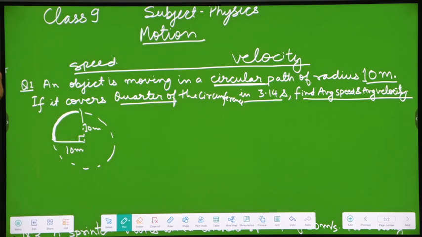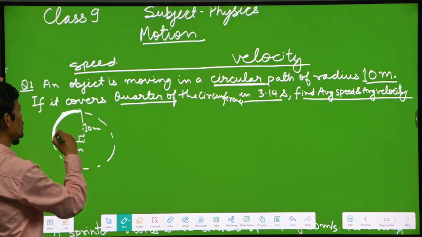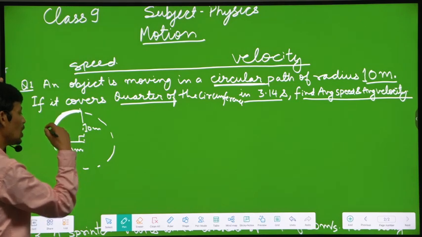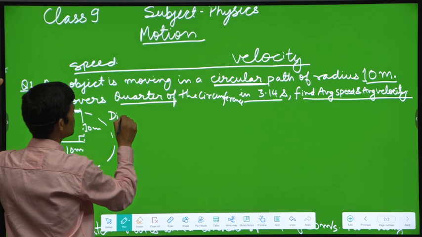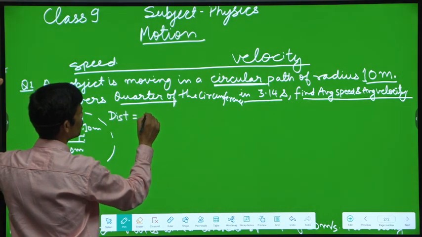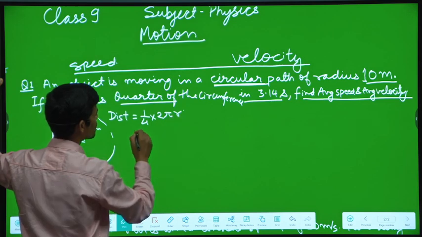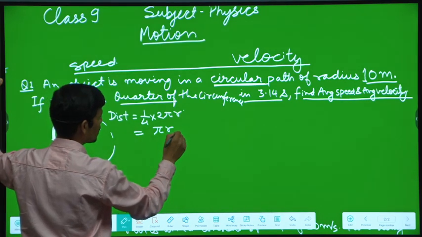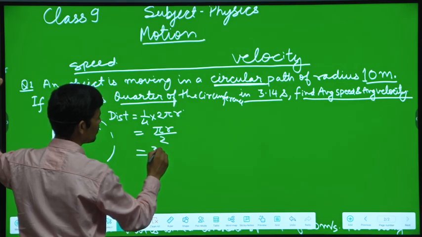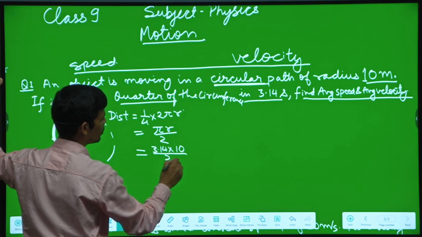So we need to find this, which is the circumference. This distance is equal to quarter of the circumference, that is, pi r by 2. Pi is 3.14 multiplied by 10 divided by 2.